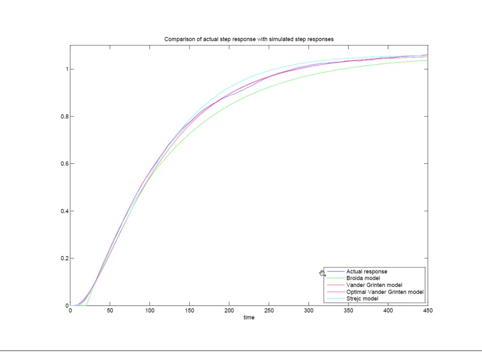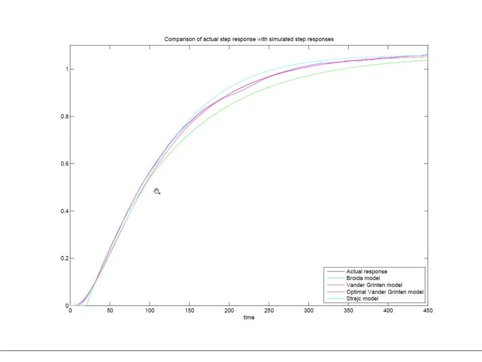You should have the actual response, so the experimental response here given in dark blue, then the step response of the 3 models obtained using graphical methods, 1 Bruyne model, 1 van der Grinten model, and a stretch model, and then finally you should have the van der Grinten model obtained using optimal identification.